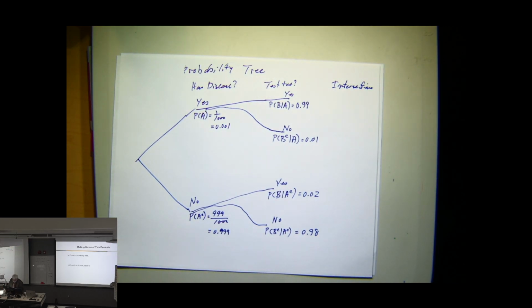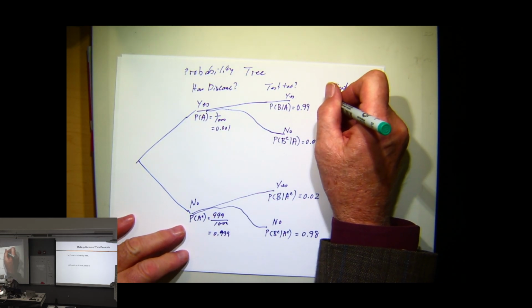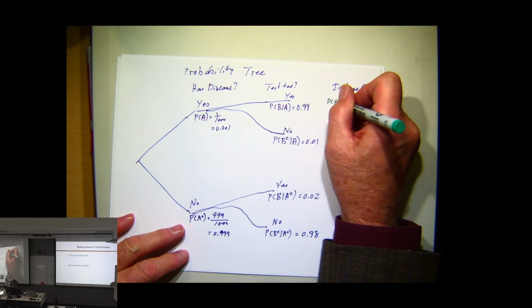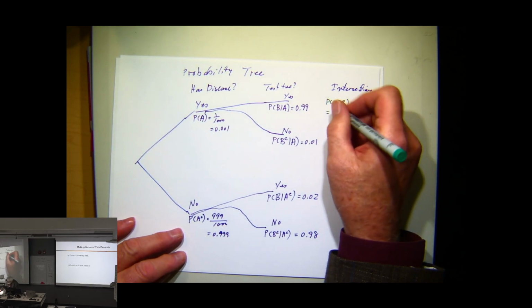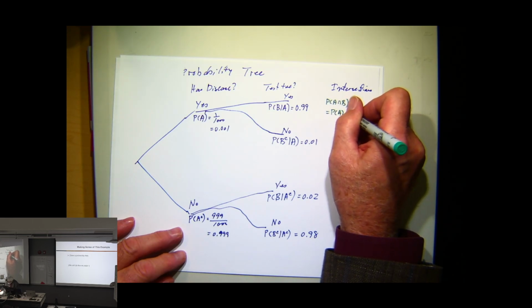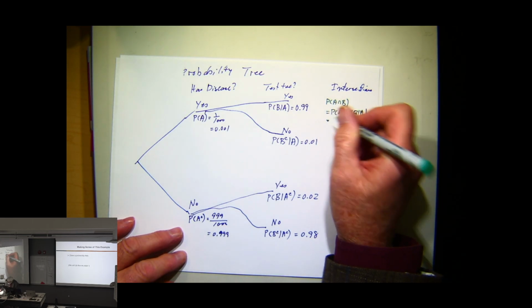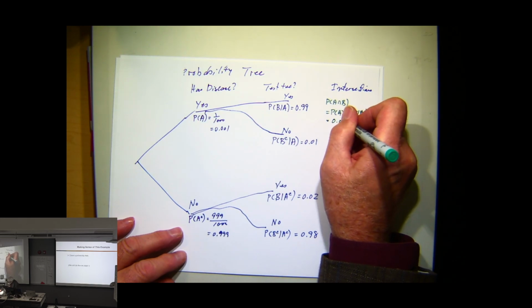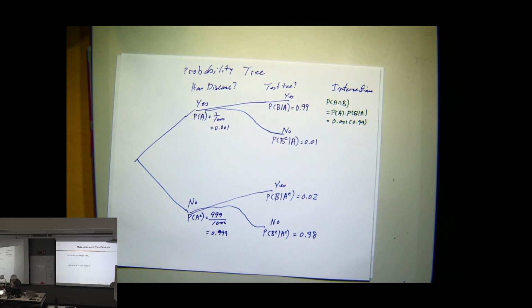Now we can go through and calculate all of the intersections by multiplying along the branches. And how am I going to specify this? I'm going to say the probability of A intersect B. I'm showing off my colored pens. Probability of A times the probability of B given A. And I'm going to take the 0.001 times 0.99. I'm not going to work out the number at the moment.